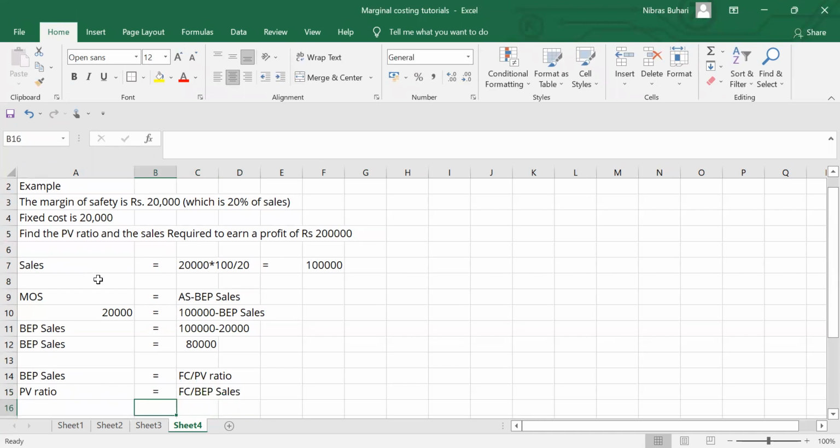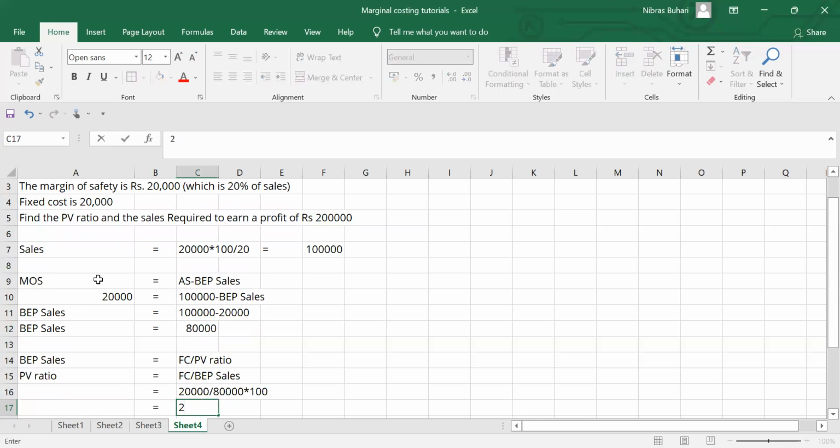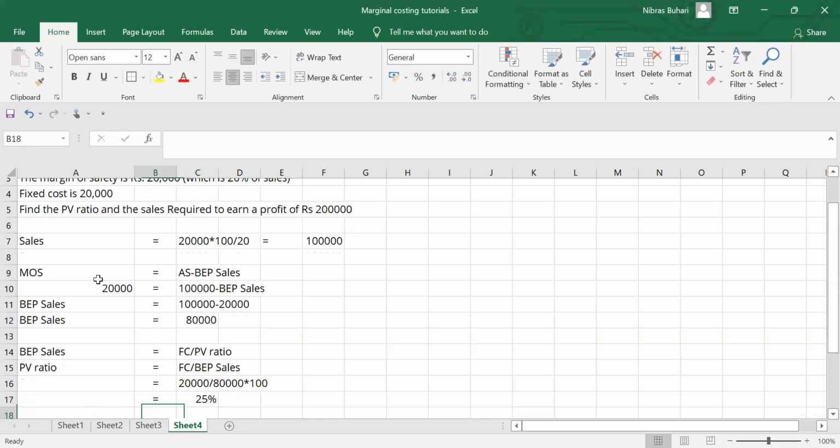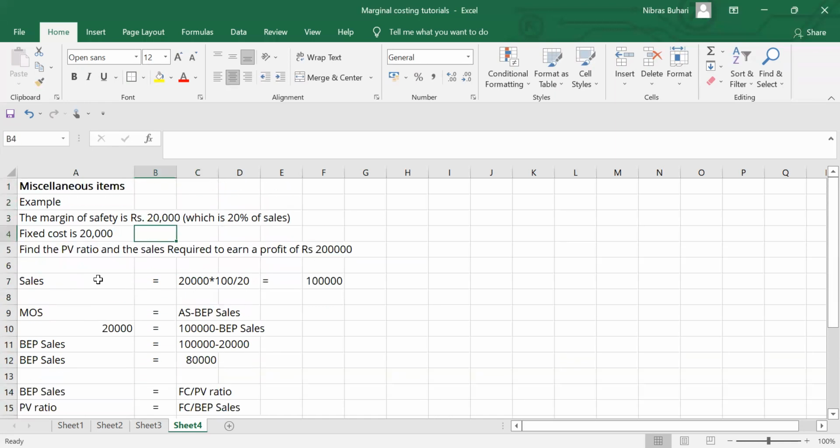How much is your fixed cost? 20,000 divided by BEP sales, 80,000. And as always, multiply by 100. PV ratio should be in percentage, which is 20,000 by 80,000 into 100, 25%. So I have found PV ratio at last.